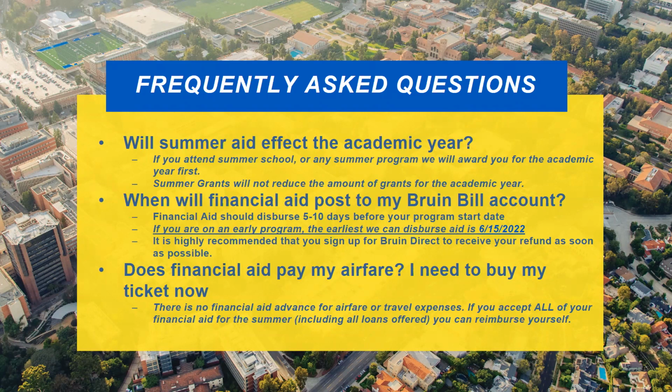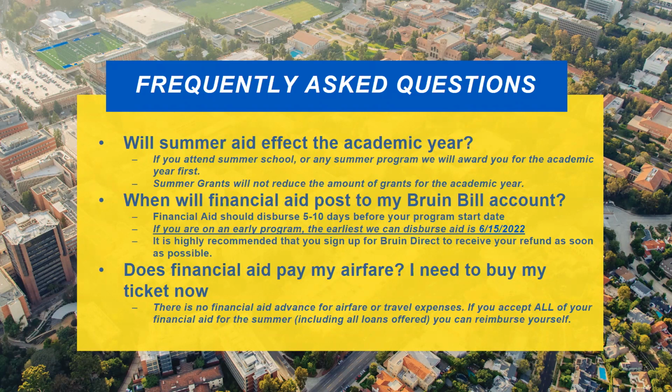We can't award you money that's meant for the summer during the spring quarter. So there's two stipulations. It can't be more than 10 days, and it also can't be during the previous quarter. It has to be in between quarters at the earliest.